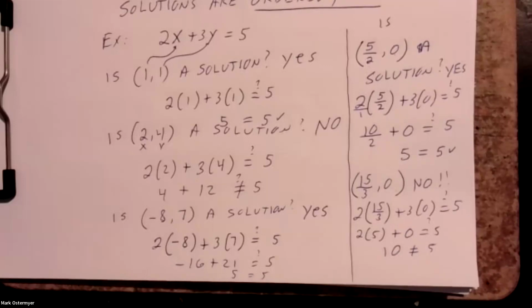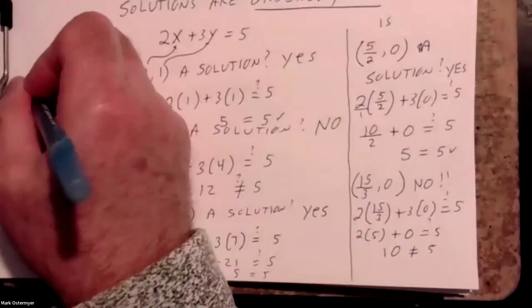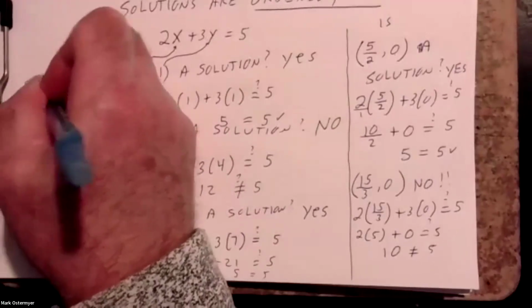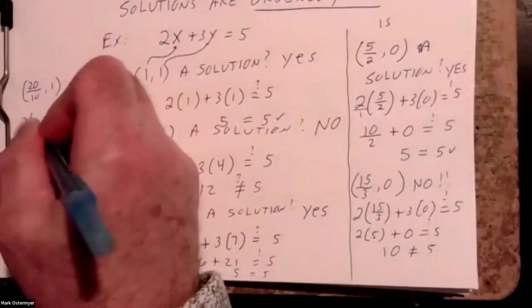Well, let's see. 20 over 10, 1. Let's try it out. 20 tenths and 1. Replace x with 20 tenths.